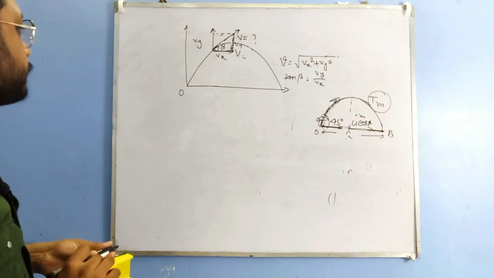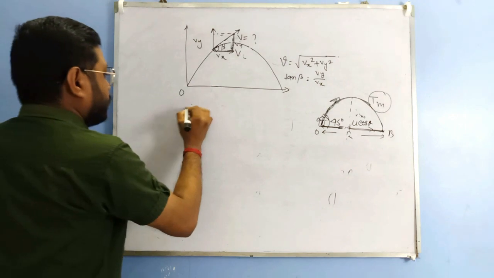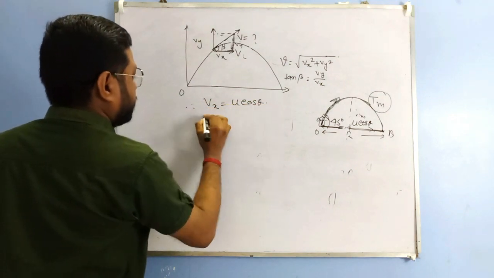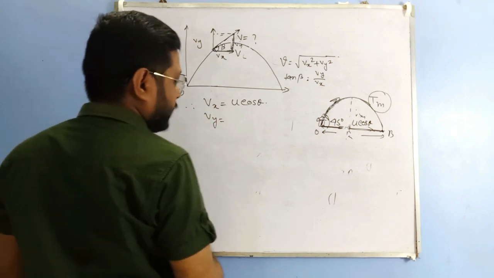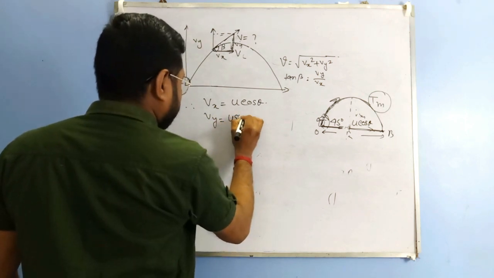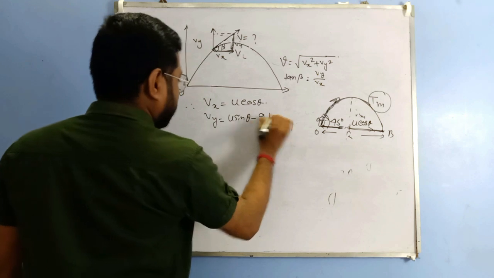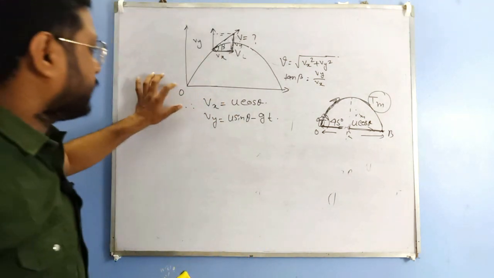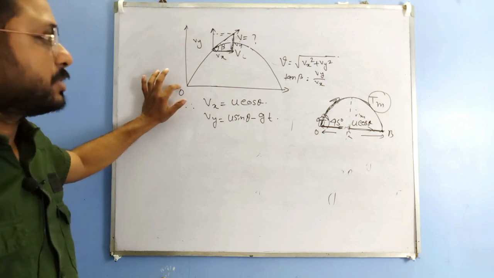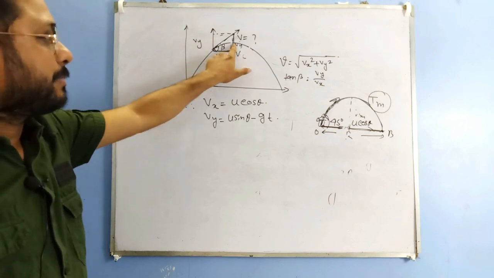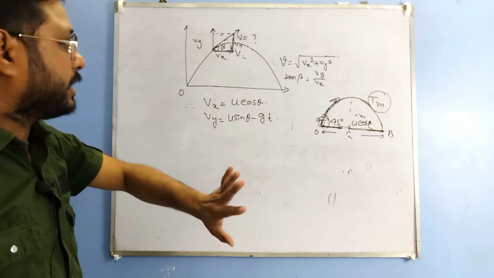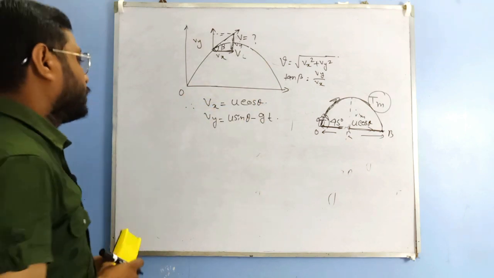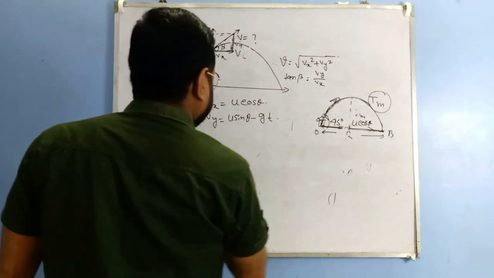So we know that Vx equal to u cos theta, Vy equal to u sin theta minus gt. Here Vy is not 0. Remember, Vy is 0 only at the initial position and at maximum height, not at any point. Therefore Vy equal to u sin theta minus gt.